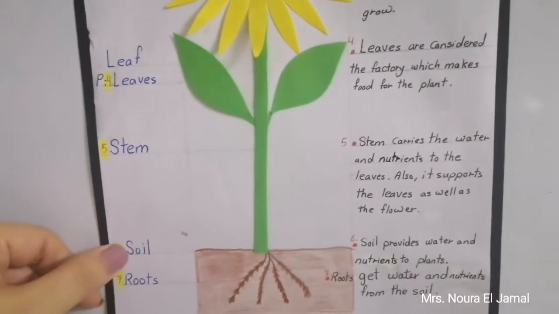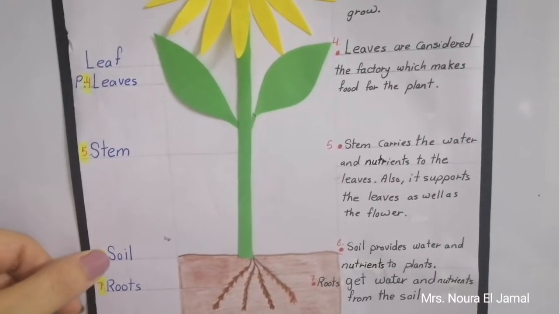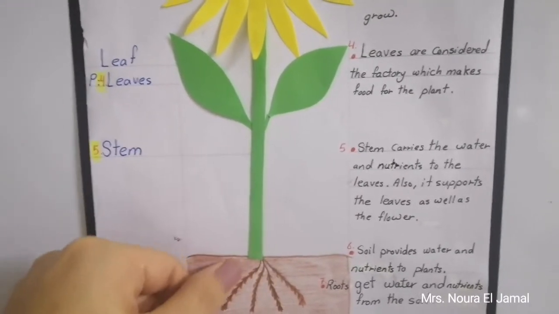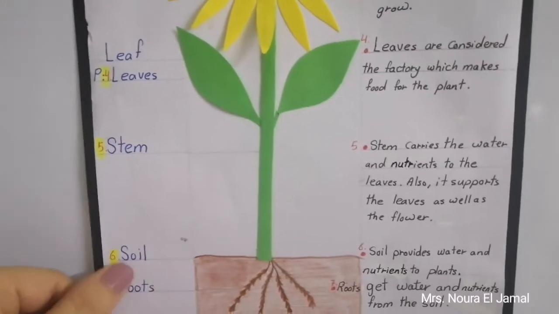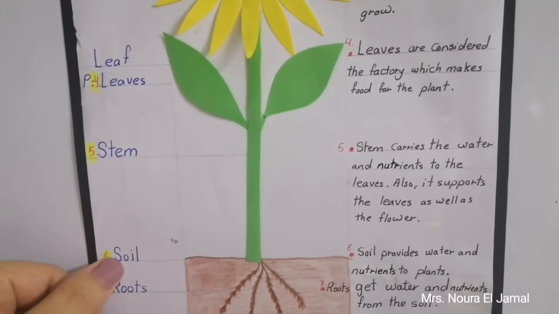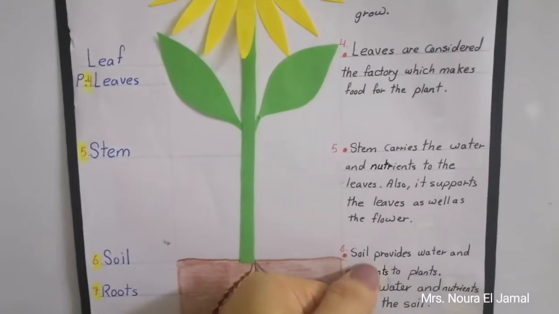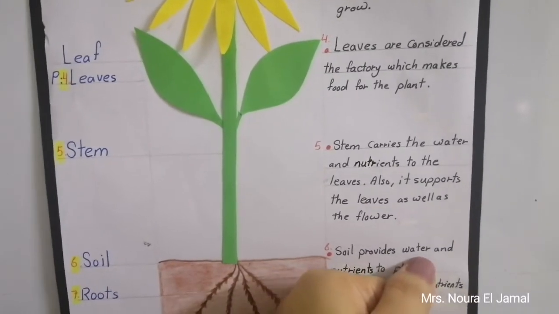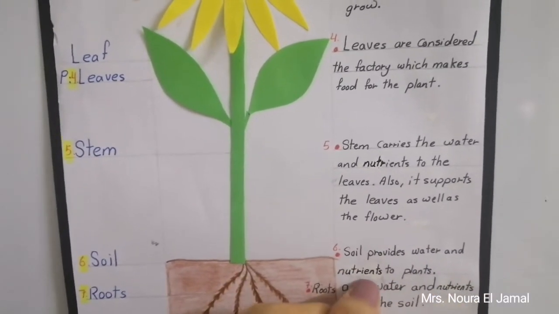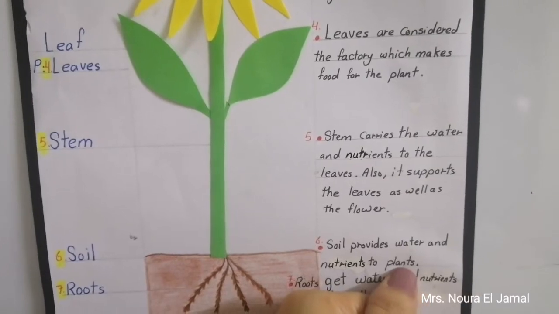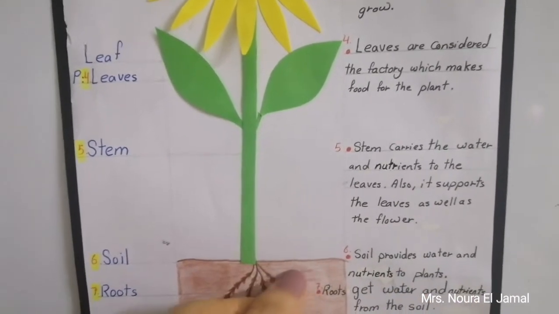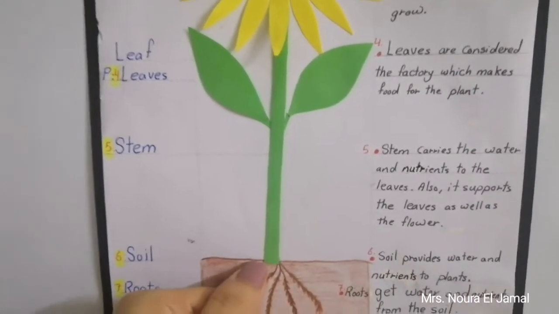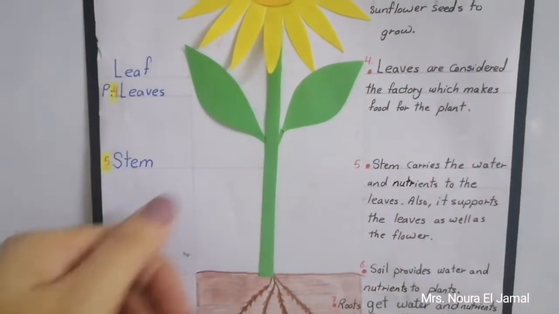The soil. What's the meaning of soil? We know, the brown one. What is the function of the soil? Soil provides water and nutrients to plants. So soil here gives water and food to the plant.